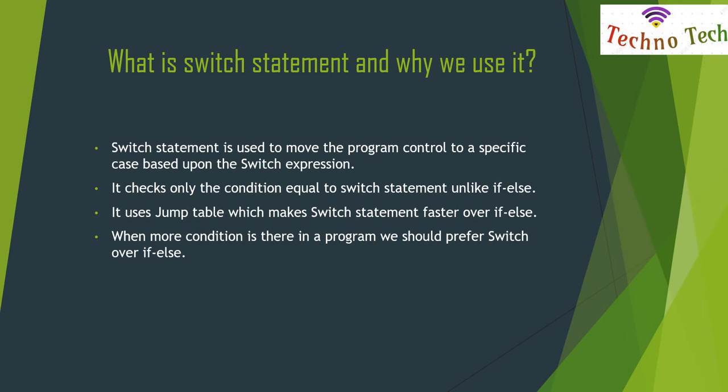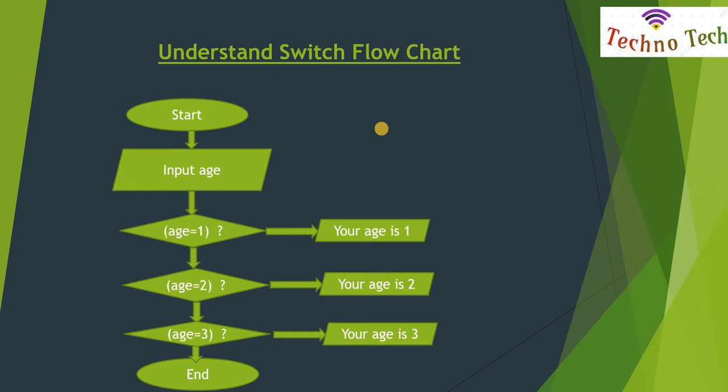Let's move to the next slide, where I want to explain how the flow goes in switch statements. You can see we start the program, then we input a value called age. Suppose a child has the age of 1, then this first condition will be true, and the message will be displayed.